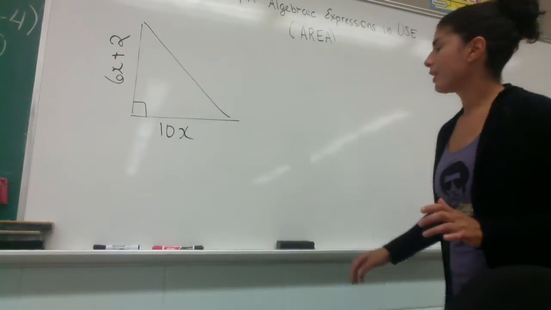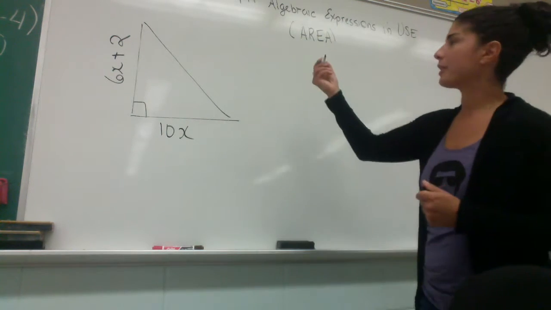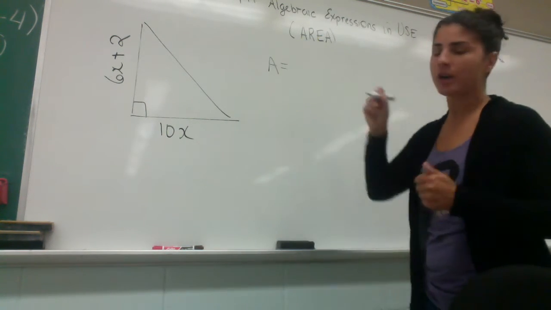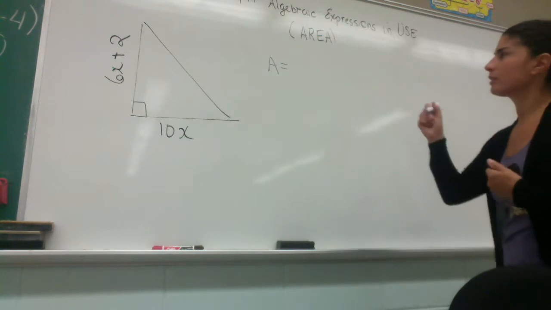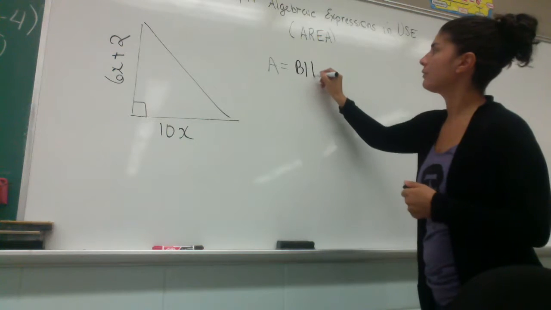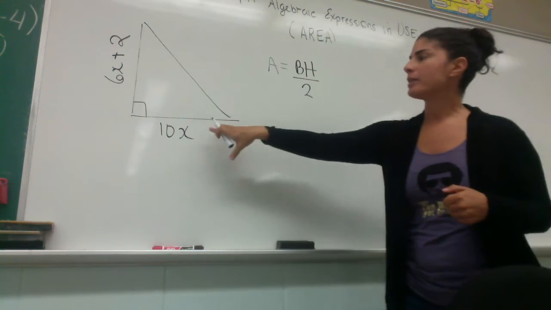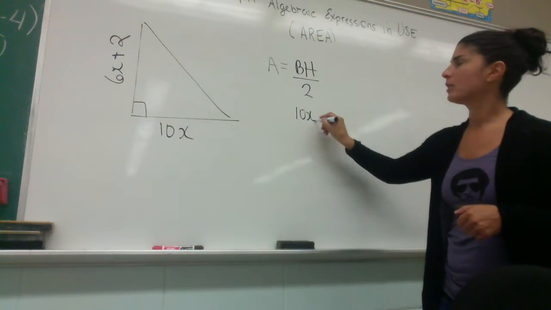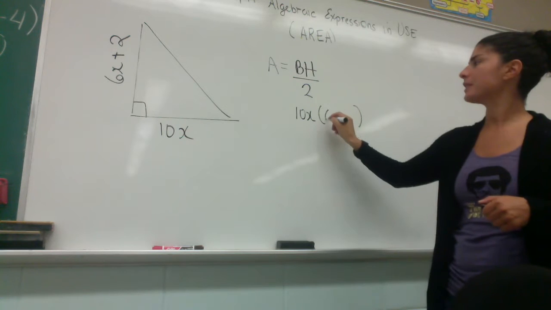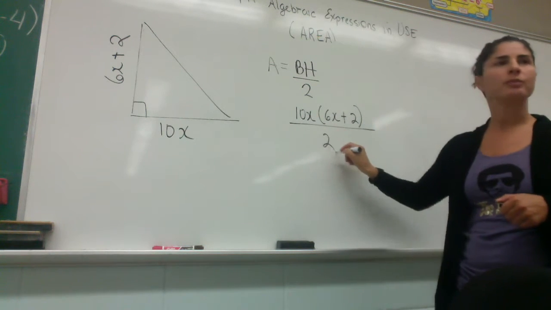So the first thing that I would like to see is the formula. Area of every triangle in the whole world is base times height divided by 2. Do you agree? You take the base, now it doesn't really matter if you interchange them, so you take the base of 10x, times it by the height of 6x plus 2, and you divide by 2.